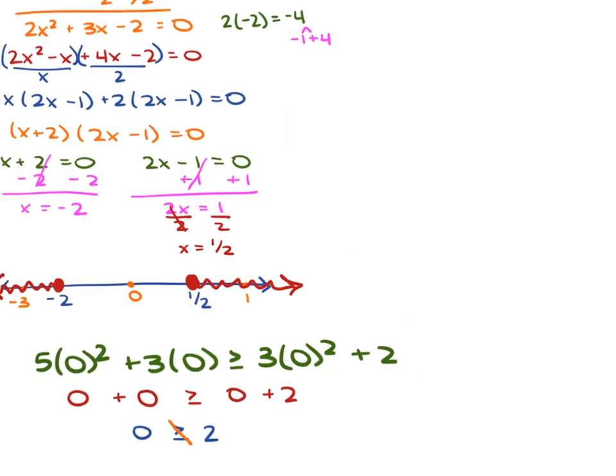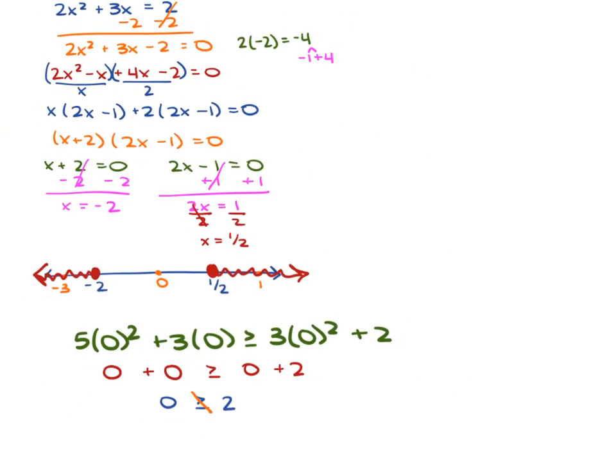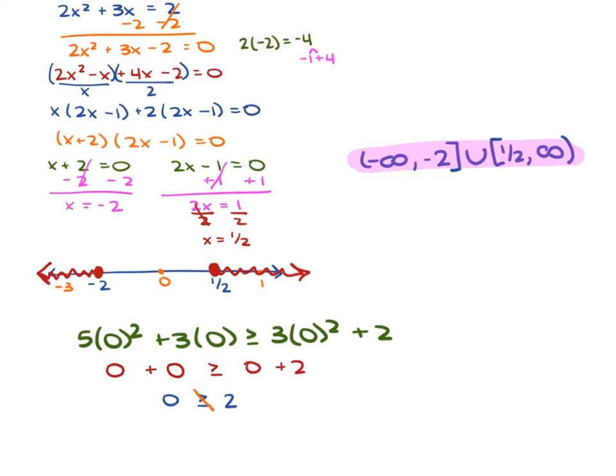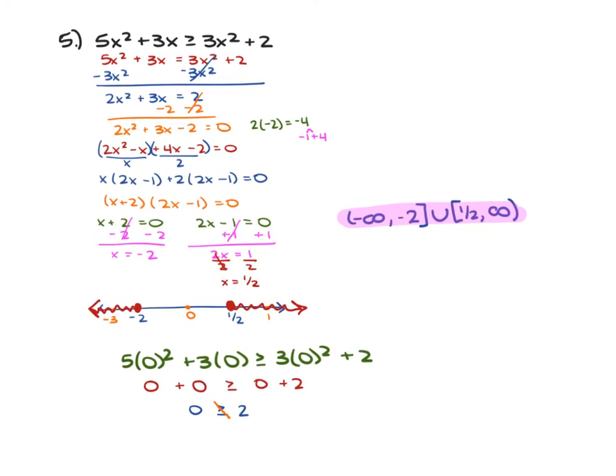So when you go to write your interval notation, you're going from negative infinity up to negative 2, including that negative 2, so it's going to be a bracket, with a union of the 1/2 including the 1/2, so a bracket on the 1/2, up to positive infinity. So infinities always get those parentheses, which is why both the negative infinity and the positive infinity have parentheses on it, and then the -2 and the 1/2 are included, so those get brackets.